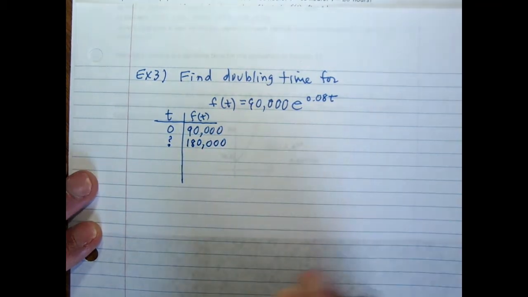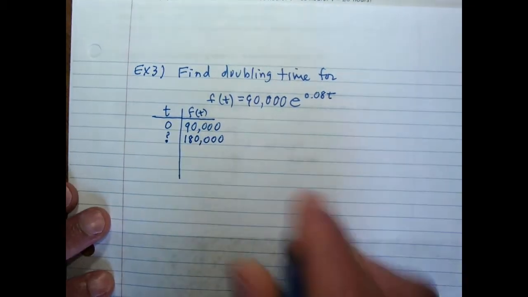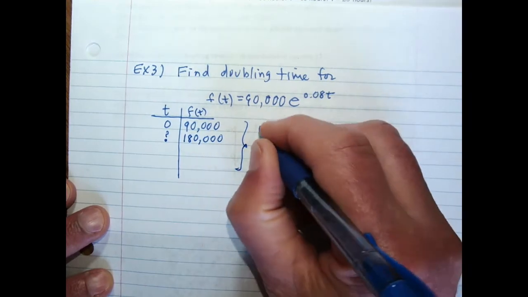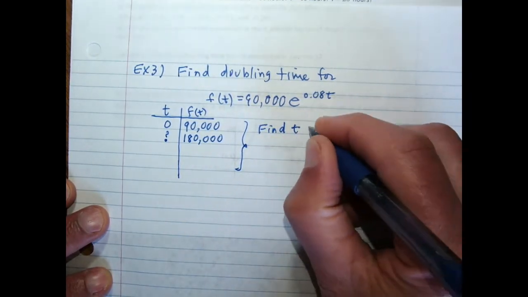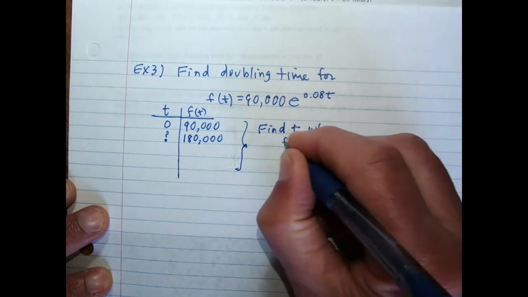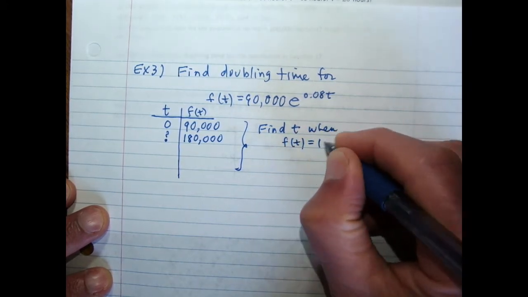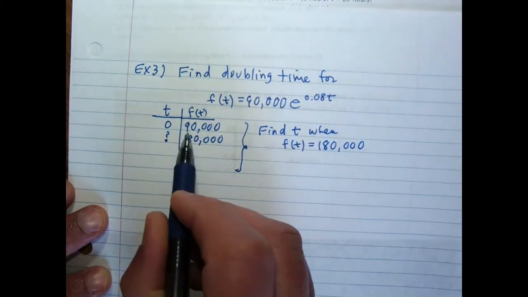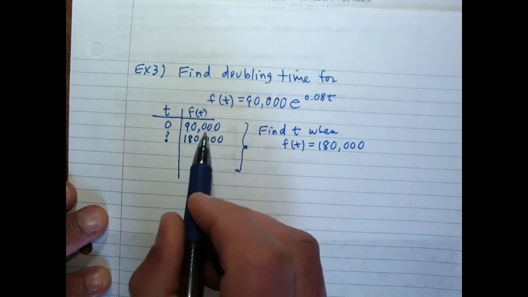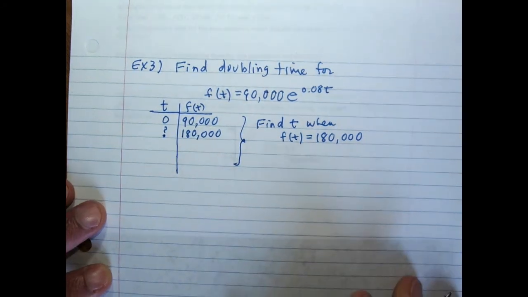So here we want to find t when f of t is equal to 180,000, which is double our initial population value.